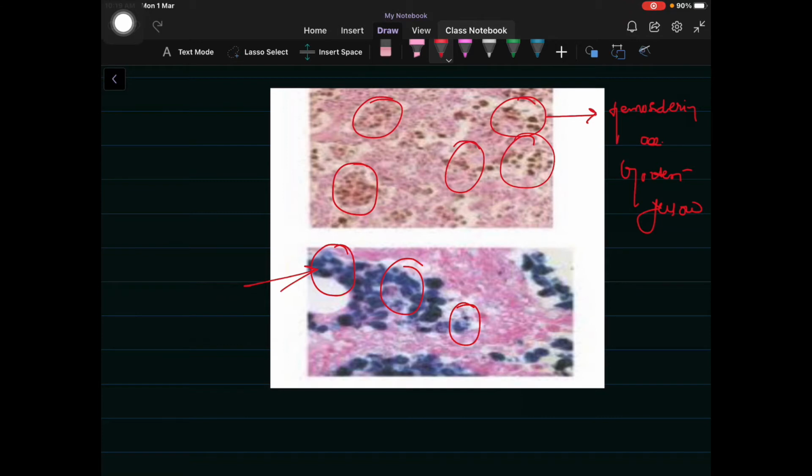See, this is stained by the Prussian blue. So the golden yellow particles are converted into Prussian blue. So this stain helps in the identification of the hemosiderin.